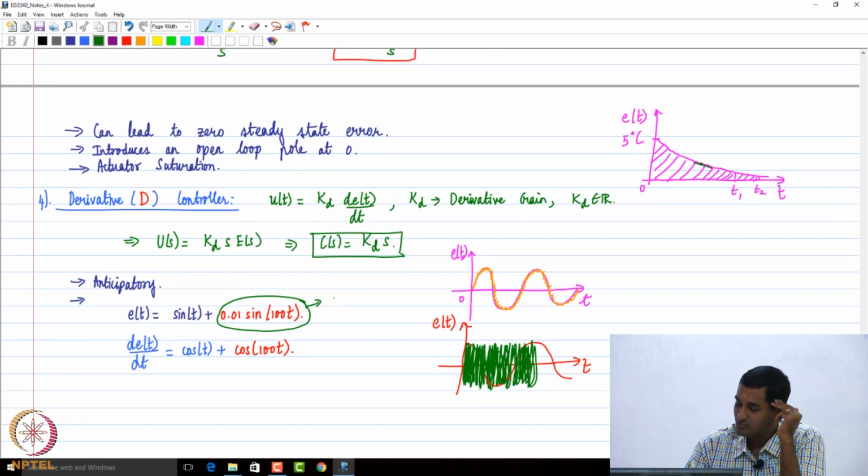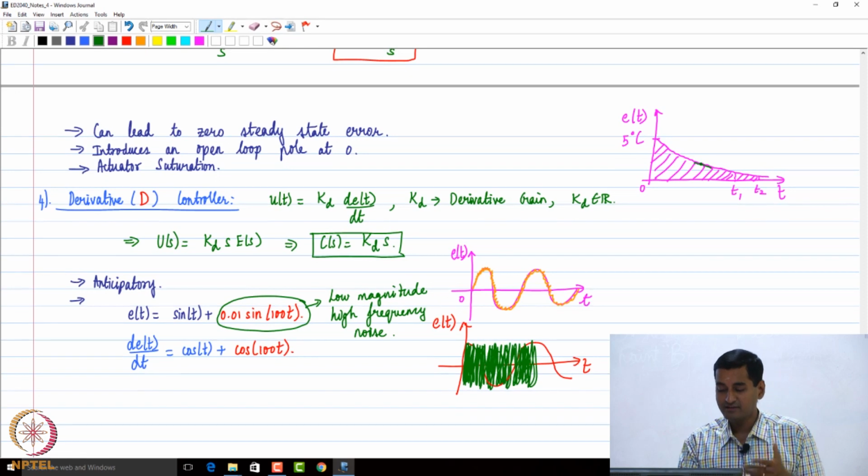We may consider it to be low magnitude, but the issue for us is that it's low magnitude, high frequency noise. The control action just amplifies it, and that can lead to problems.